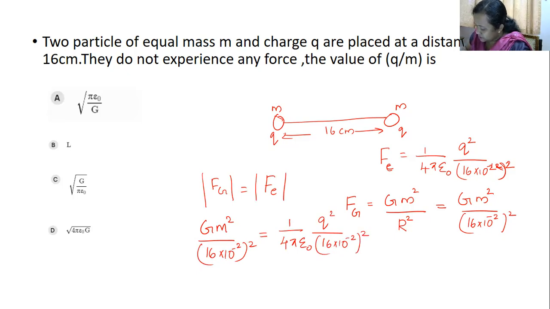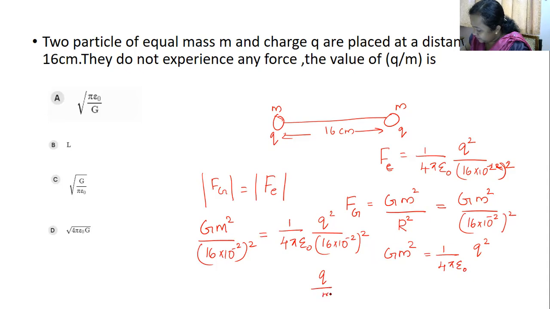Okay, so these common factors we can cancel, so we are getting that Gm square is equal to 1 by 4 pi epsilon 0 q square. So we need q by m.